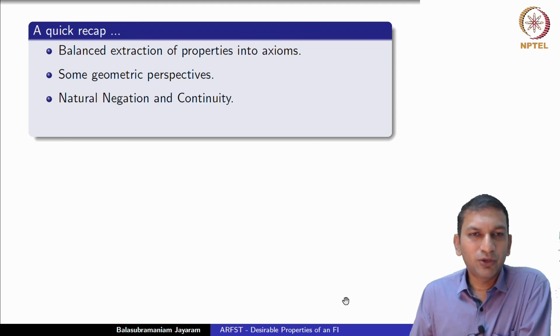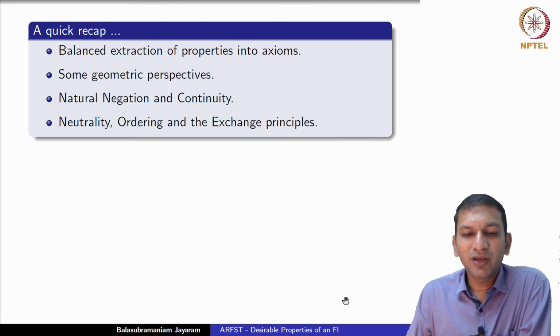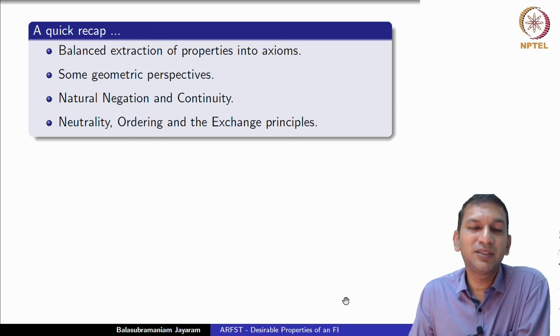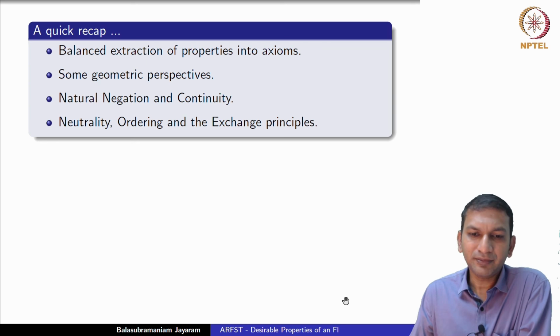In that sense, we talked about the natural negation from it, and of course, continuity is always a desirable property. But more importantly, we have seen about this neutrality, ordering principle, and exchange principle. As you have seen, they could also be viewed as algebraic or logical properties that an implication should have, and also in terms of their geometry.